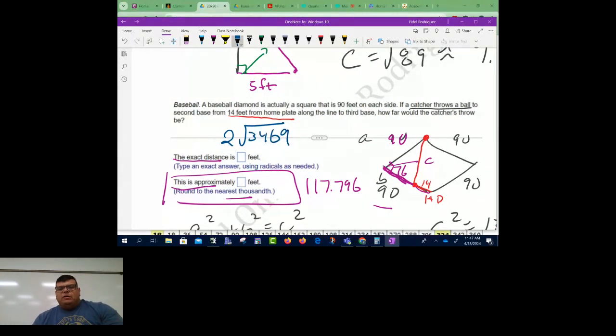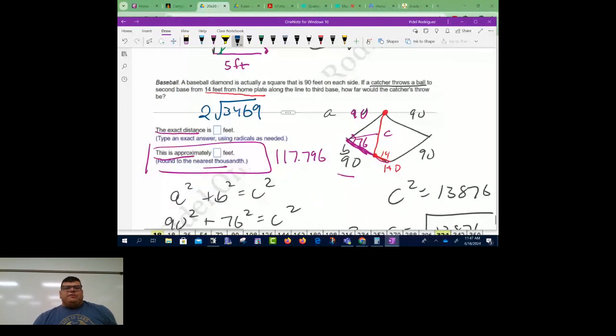When we're talking about exact distance, we're just talking about how we would break down that number. Again, the square root means we're getting pairs. We got a pair of 2s, and I could not break down 3,469, so that's what we ended up doing there.